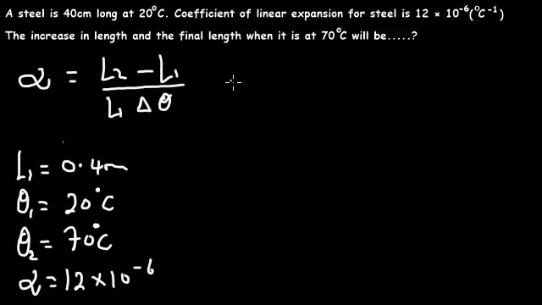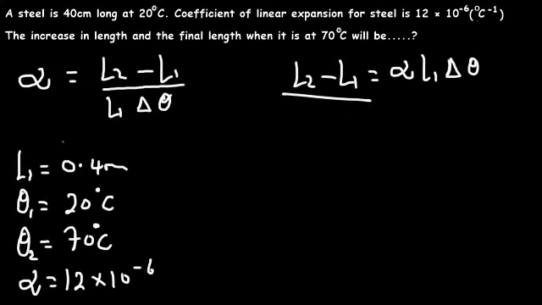To find the increase in length, that's simply L2 minus L1. So first I will just cross multiply. Then I have L2 minus L1 equals alpha multiplied by L1, then multiplied by the change in temperature. Perfect. So this refers to the change in length or increase in length.